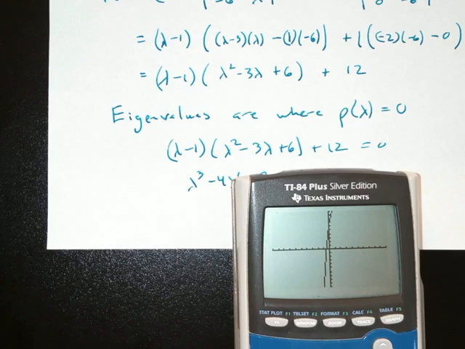So here's another problem. Even if I do all the algebra right, I could be looking at this going, now what do I do with this?